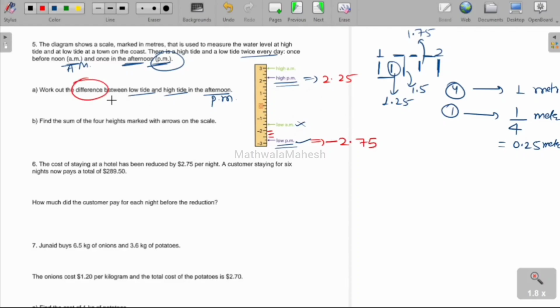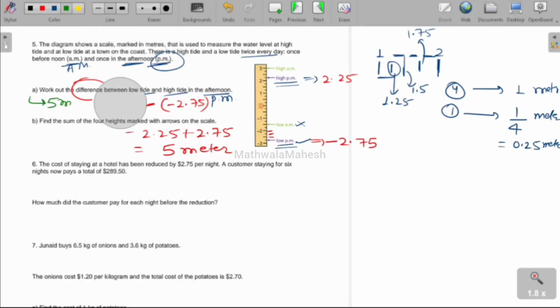And we have to find the difference between 2.25 minus minus 2.75. So the difference is 2.25 plus 2.75. So this is 5 meters. Okay, so the answer is 5 meters for option A.